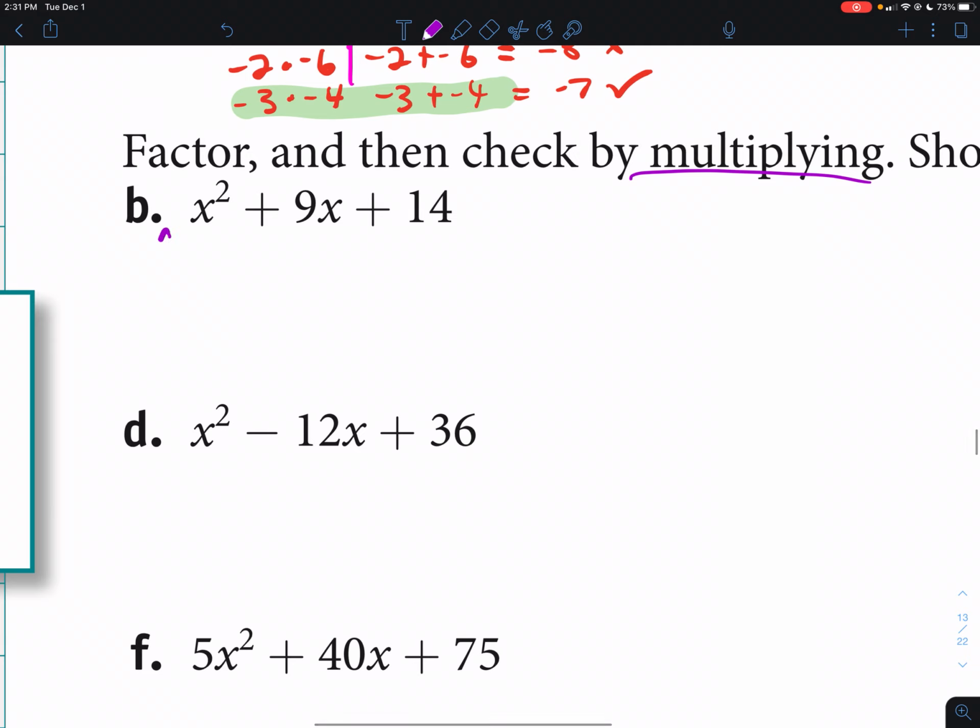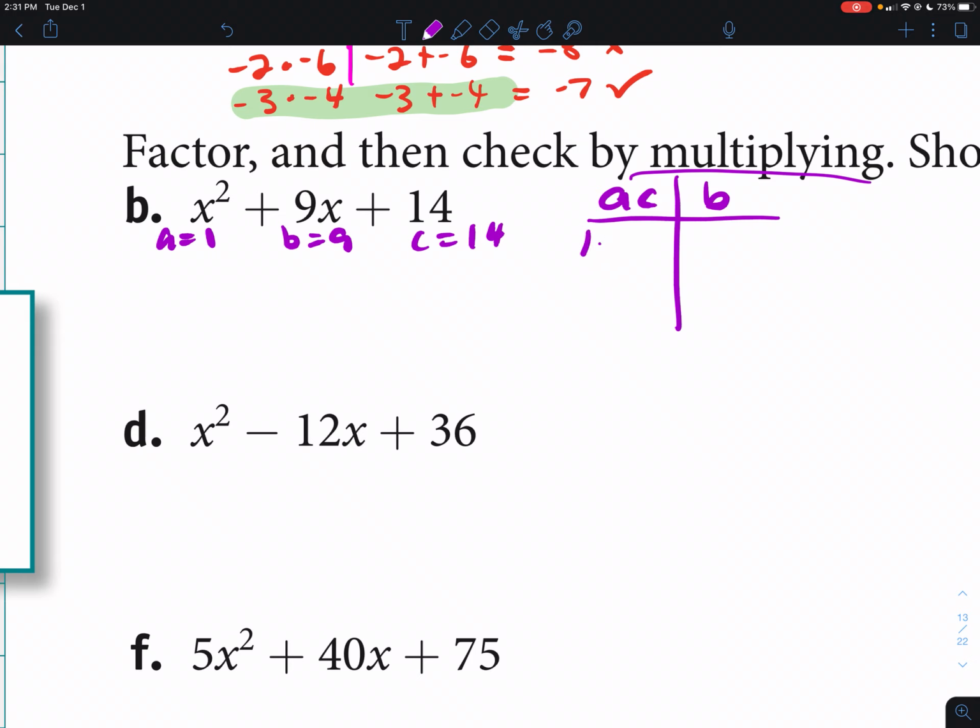So my A is 1, my B is 9, my C is 14. And I actually did this in the last video. I'm looking for an ACB chart. So A is 1, C is 14, B is 9. So I'm looking for two numbers that multiply to give me 14 and add up to 9.